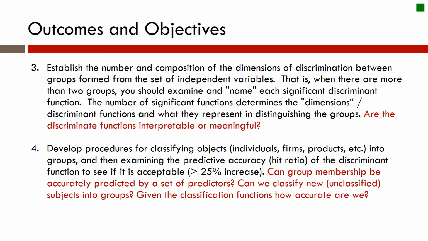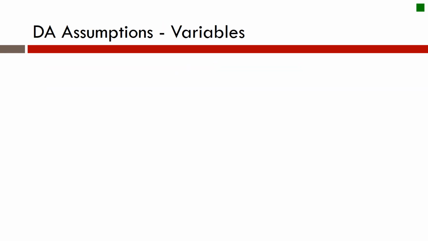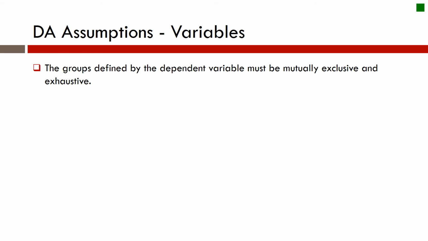Some other aspects of discriminant analysis that we need to remember. There are certain elements here, like assumptions, that we want to think about. So first and foremost, when we look at the dependent variable, the groups that we determine in advance. So this is something that we need to know in advance.